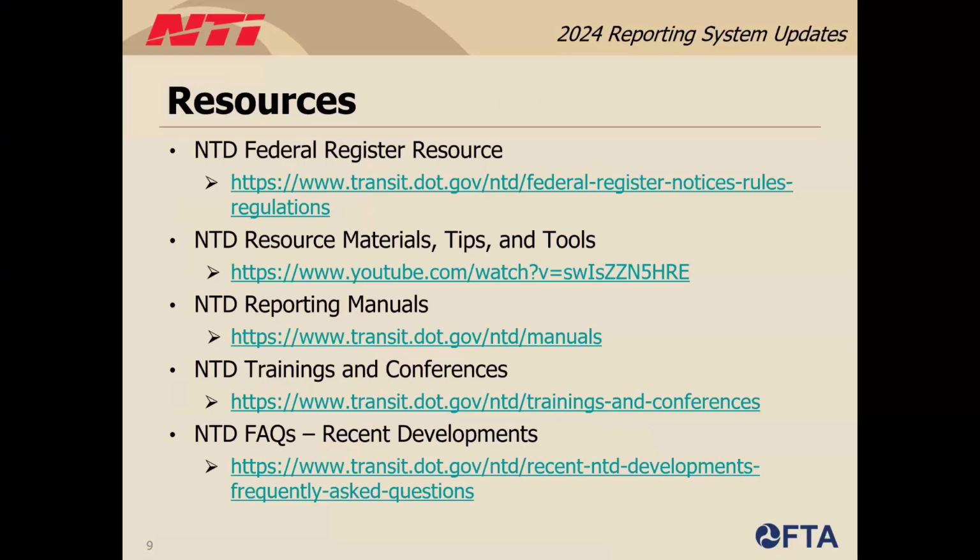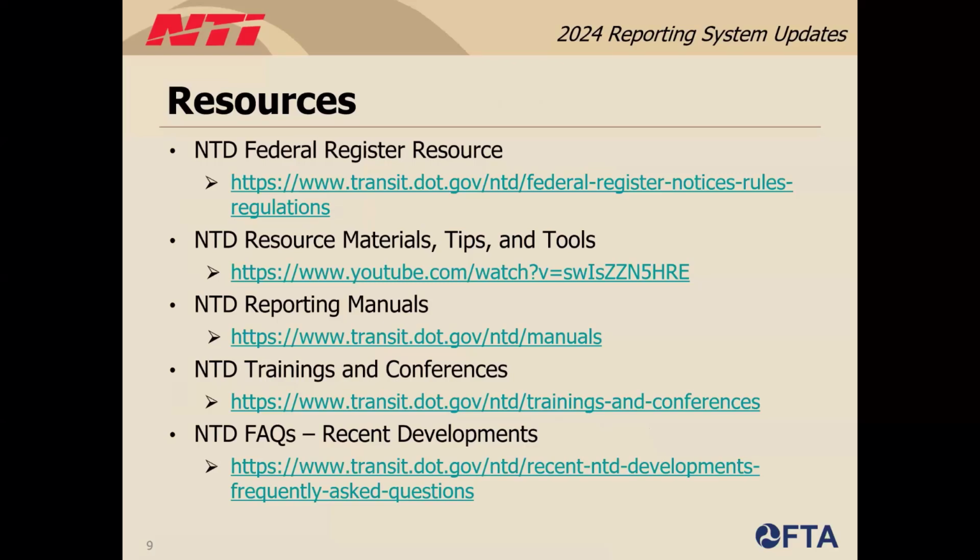Here are some relevant resource links that I really do encourage you to review. If you have a little bit of extra time, they can be very helpful. The first is the page with the Federal Register notice links, as well as some resource materials with tips and tools. We also have a new manual for monthly ridership and weekly reference reporting that you can find on our website on the NTD reporting manuals page, along with our reduced and full reporting policy manuals as well.